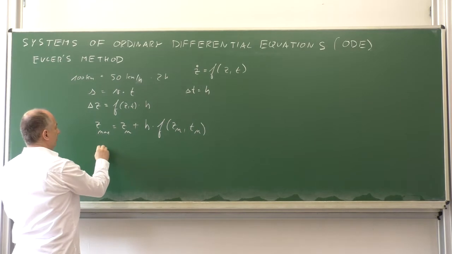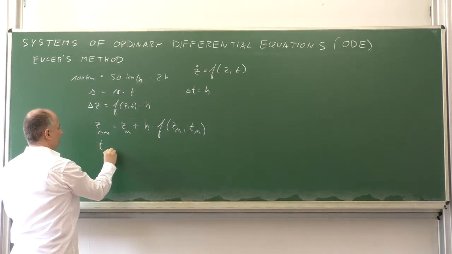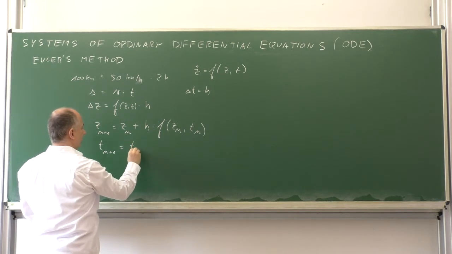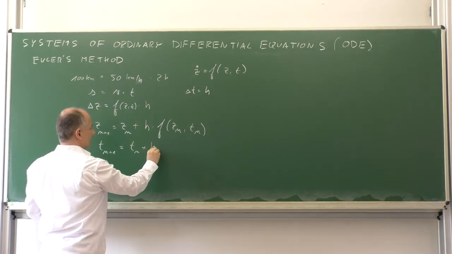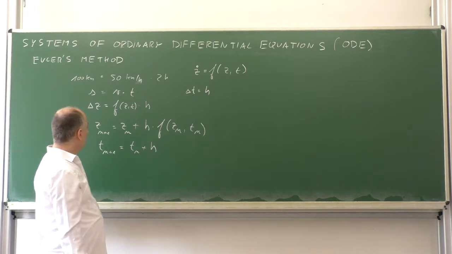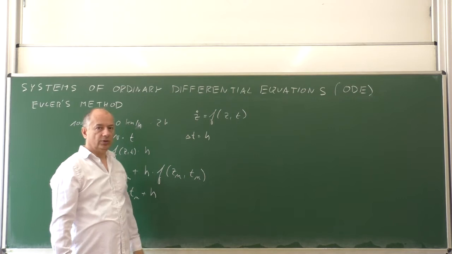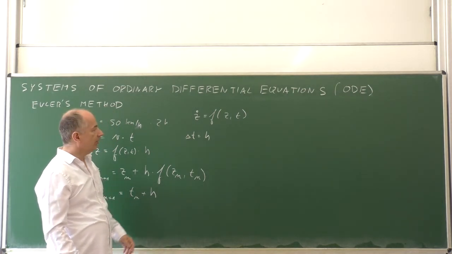And similarly, the new value of time t_{n+1} is the old value of time plus the step size h.